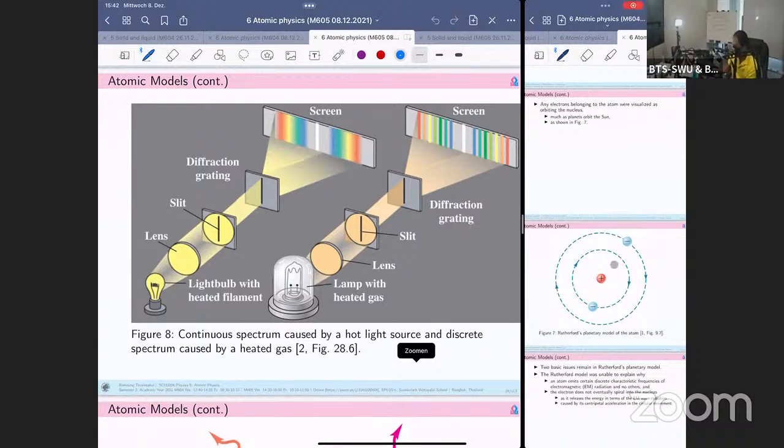When something has no energy, it should stop, right? During this motion, the power spectrum should be continuous. Yeah, it's continuous in this way. But for this heated gas, we get the discrete spectrum of the lights. So what's going on?